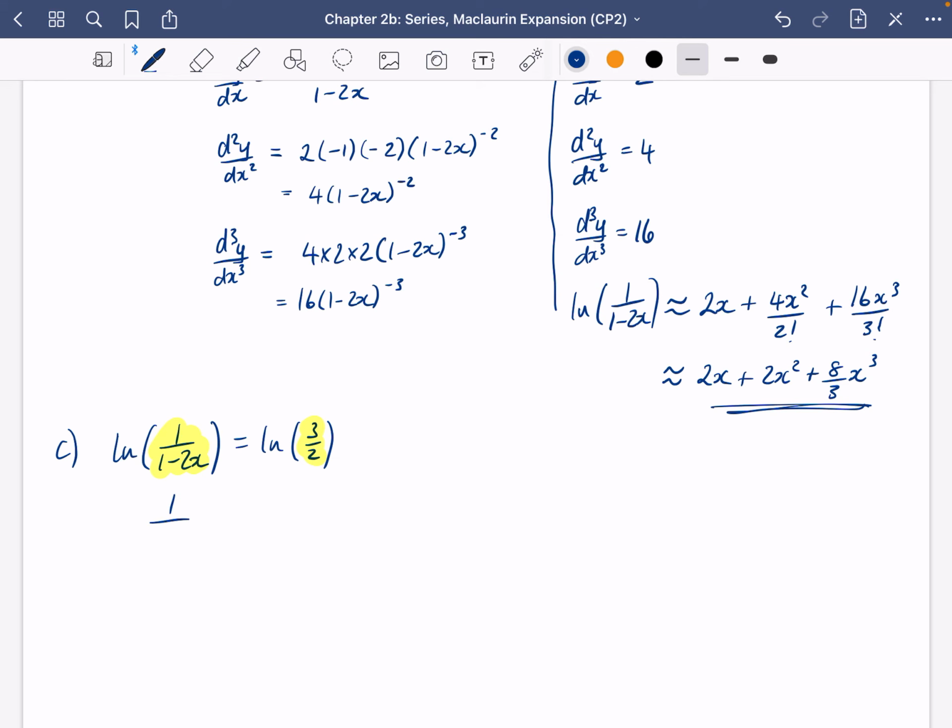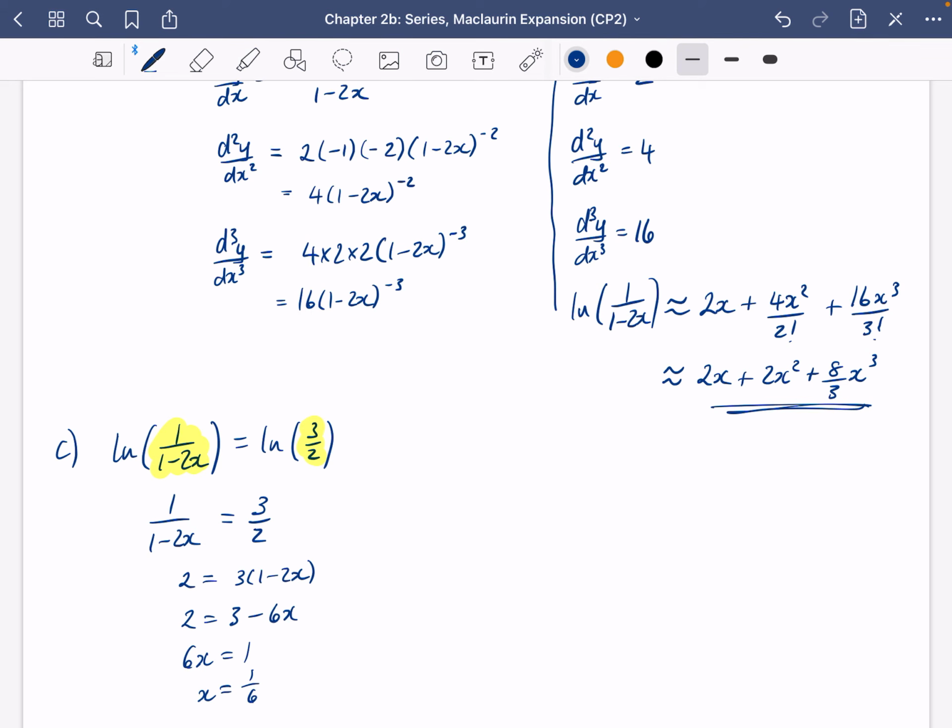So I'm going to ignore the ln's, and I've got 1 over 1 minus 2x is equal to 3 over 2. If I cross multiply, I'm going to get 2 equals 3 times 1 minus 2x. So 2 equals 3 minus 6x. 6x equals 1, or x equals a sixth.